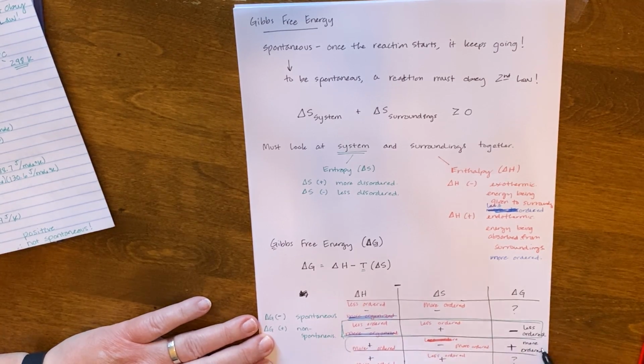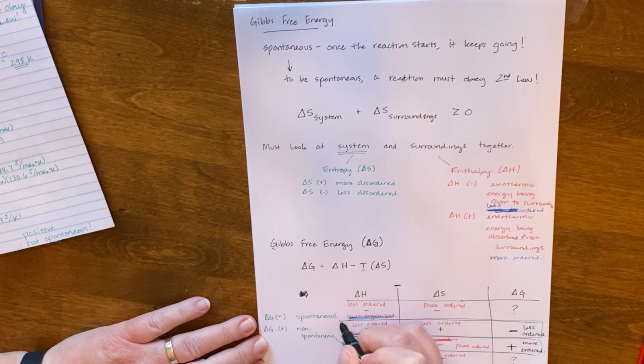This reaction here will never be spontaneous. The system plus the surroundings can never become more ordered because of the second law of thermodynamics. It always has to become less ordered, so this will not be spontaneous. This will be spontaneous.